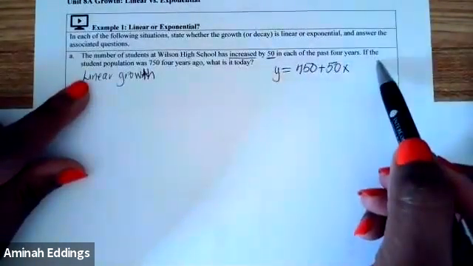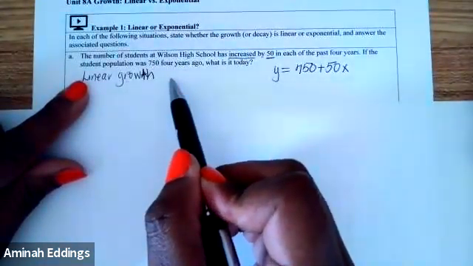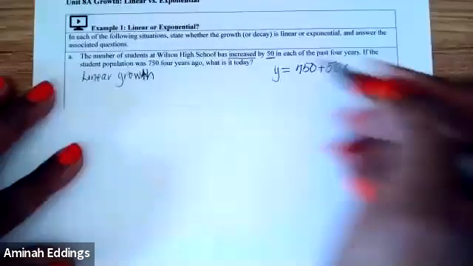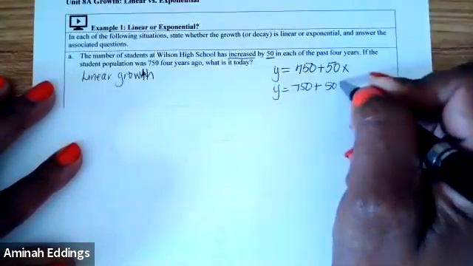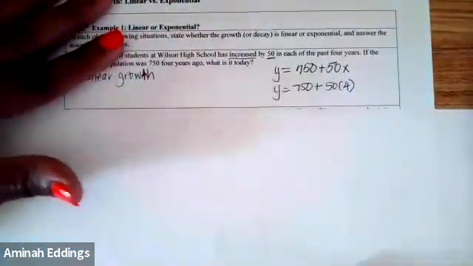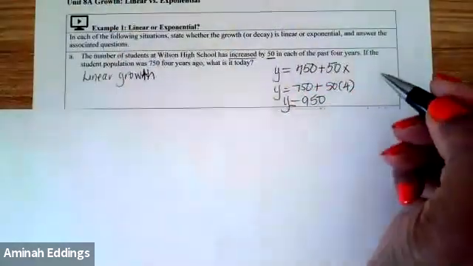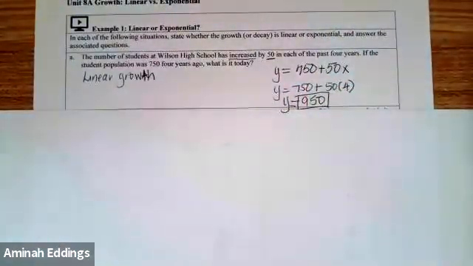And then the question is, if the population was 750 4 years ago, what is it today? So that means our x is going to be 4. So we would say y is equal to 750 plus 50 times 4. And so our answer is 950. Okay. Questions? Okay.